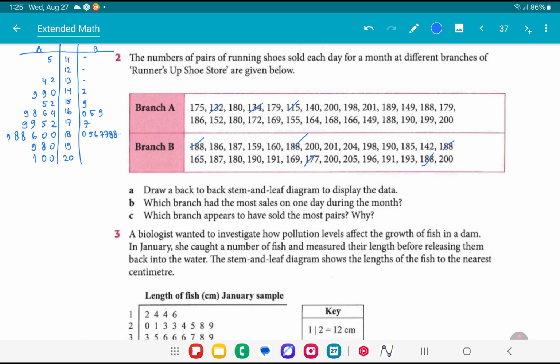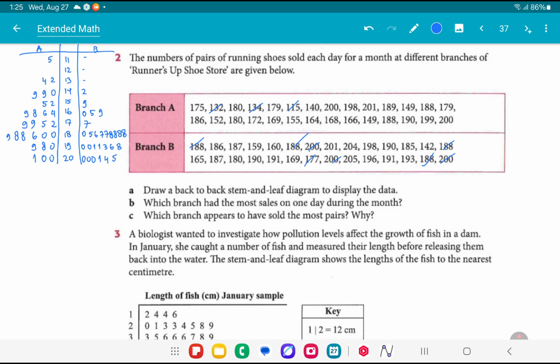So 1, 2, 3, 4. 190, 90, 91 two times, 93, 96, and 98. For 200, we get 1, 2, 3, 3 times. So 1, 2, 3, 203, and 201, 204, 205. So that's the back-to-back stem and leaf diagram.